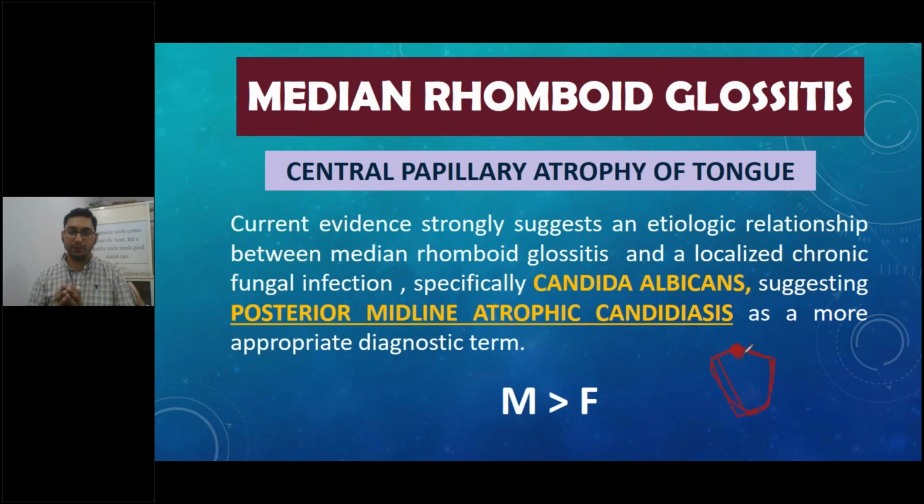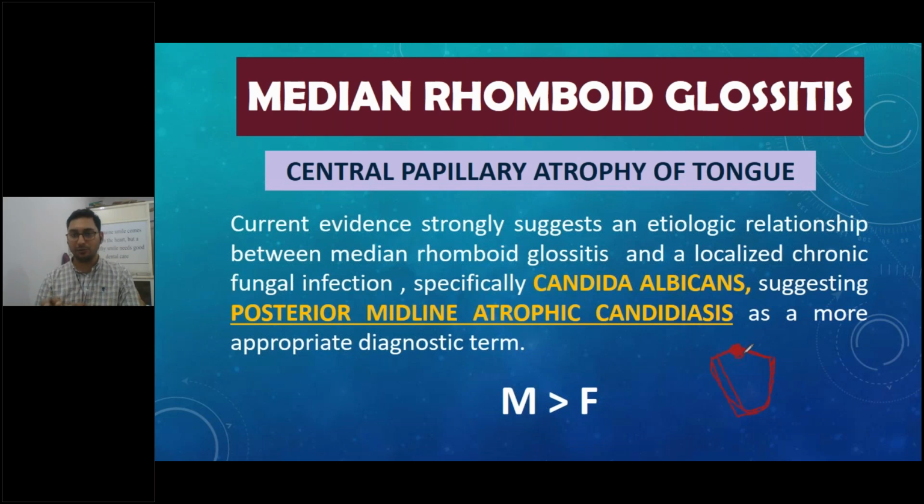So if you get a question stating the etiology of median rhomboid glossitis, and option A is persistence of tuberculum impar, option 2 is depapillation of filiform papilla, option 3 is Candida albicans, the answer here becomes Candida albicans.